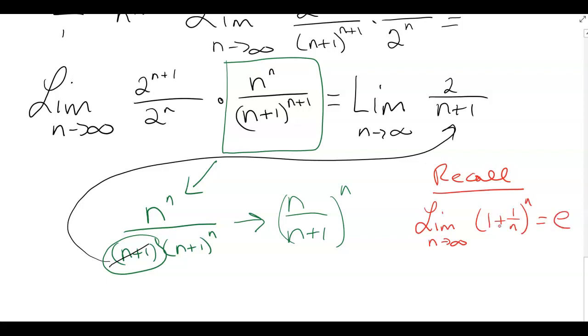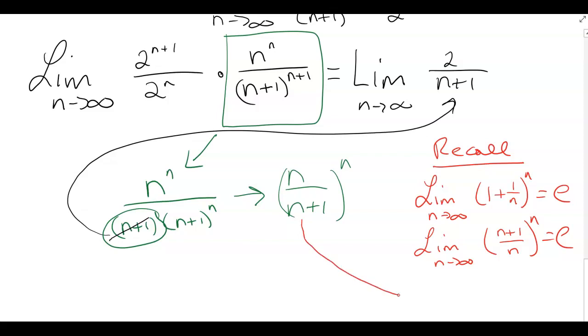But what's another way of writing 1 plus 1 over n to the n? Well, isn't that the same as the limit as n goes to infinity? I'm going to combine them as one fraction. I'm going to turn 1 into n over n. Well, that also equals e because we didn't really change anything. So now, what's the difference between this and this?